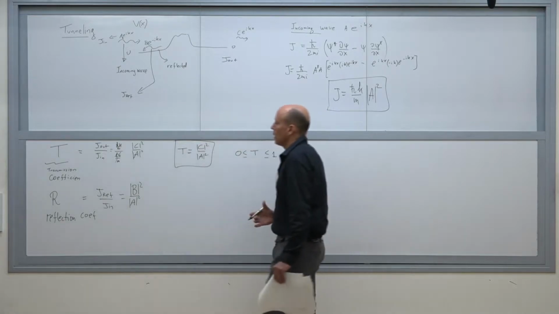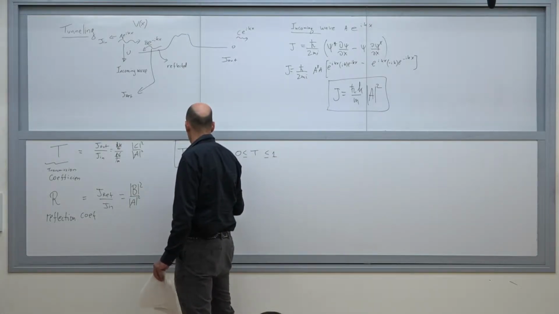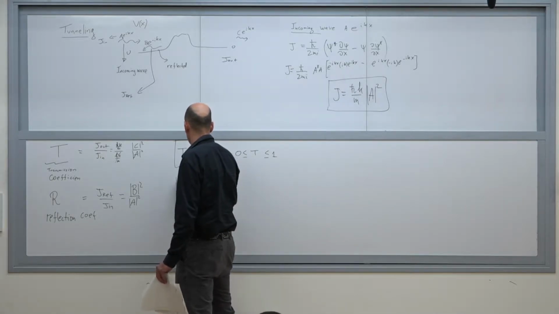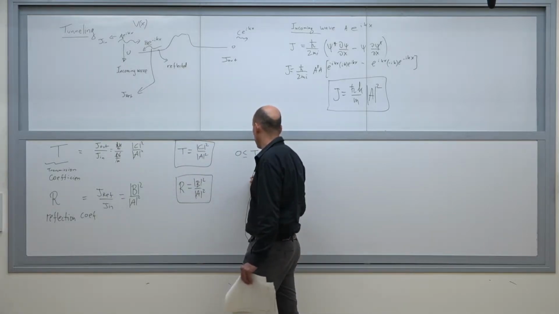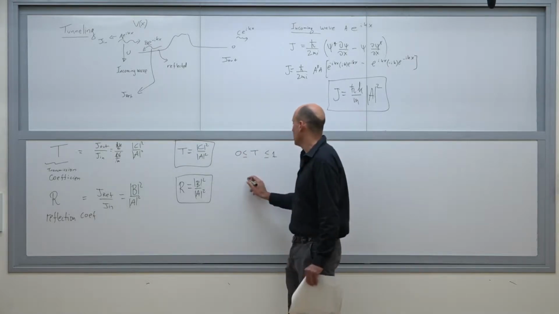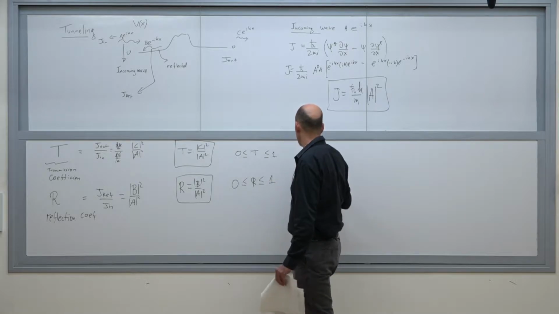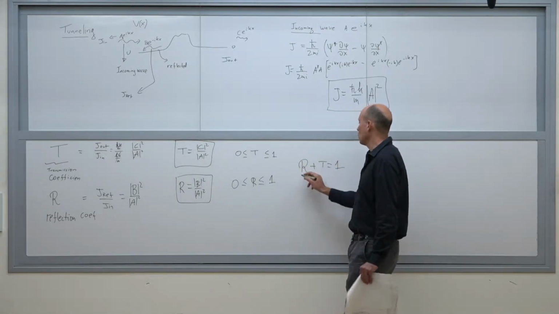So let us write it here. This is B squared over A squared. And similarly, of course, in the same way, like for T, we have R greater or equal to 0, and in fact, R plus T, that's a little bit less trivial, is equal to 1.